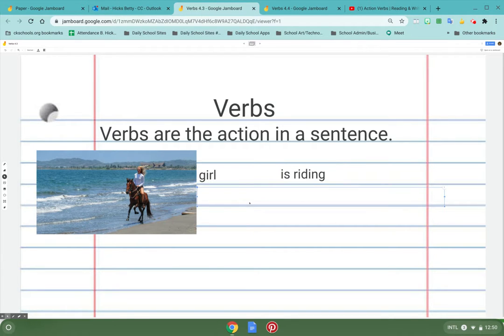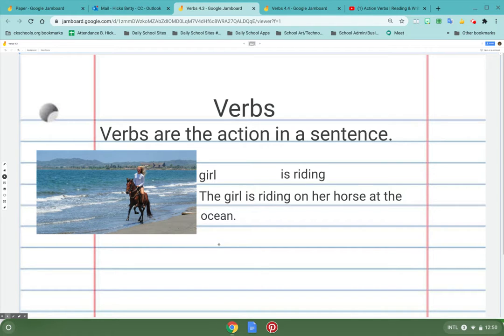Okay. Now I'm going to write my sentence. So this is where I have to make it make sense. So I say, the girl is riding on her horse at the, I'm going to add even more, ocean.